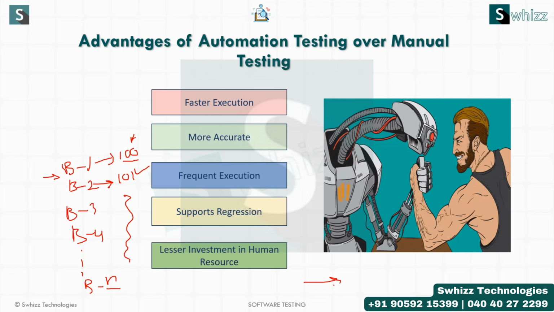And when to choose it: by considering all these points, when your application testing is a long-term project, you can go for automation testing. If you are doing a project with a duration of 6 to 9 months, or less than that, you can go with manual testing.